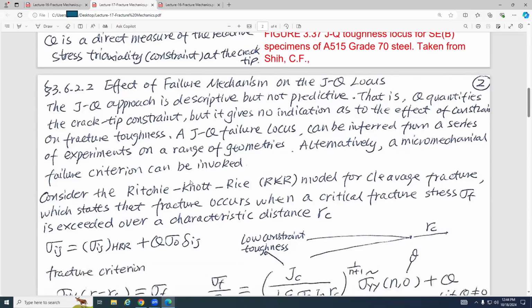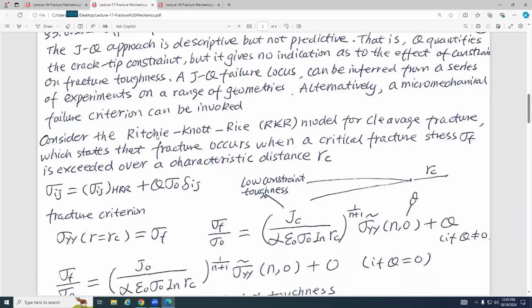So there are two models here. Our first one is the RKR model, Ritchie, Knott and Rice, a method for cleavage fracture, which states that fracture occurs when a critical fracture stress sigma F is exceeded over a characteristic distance RC.